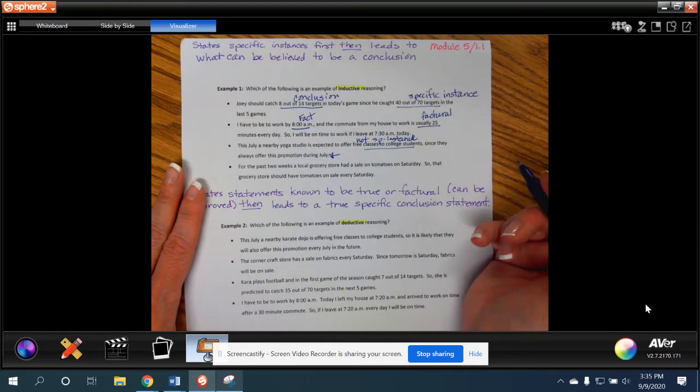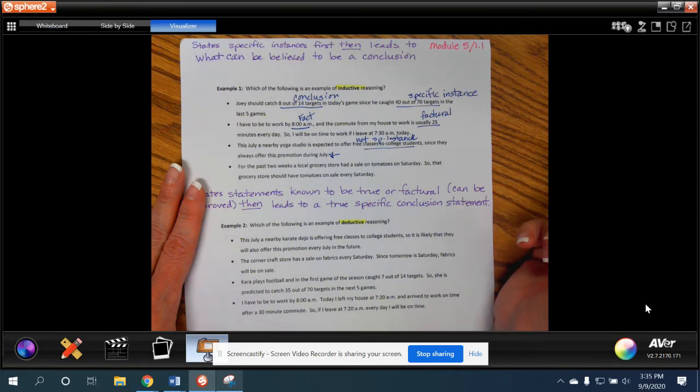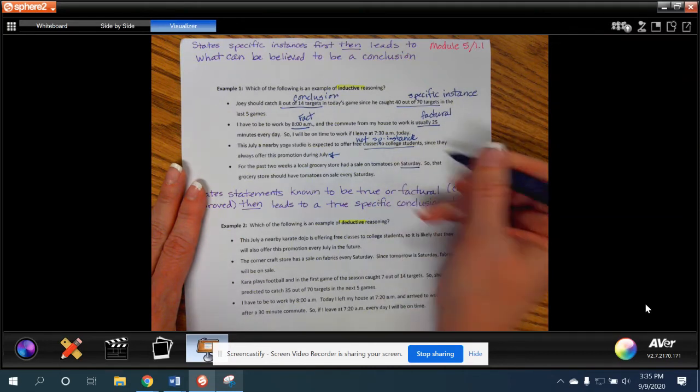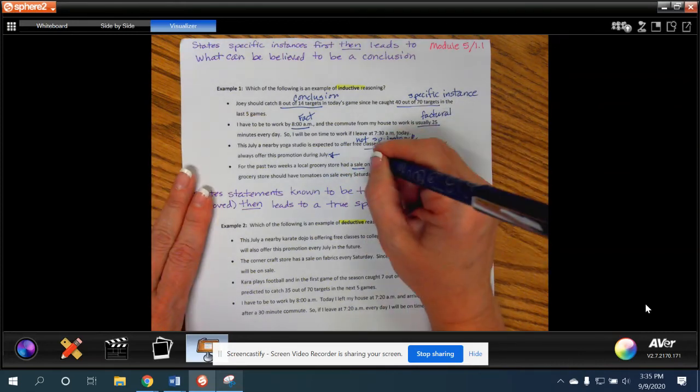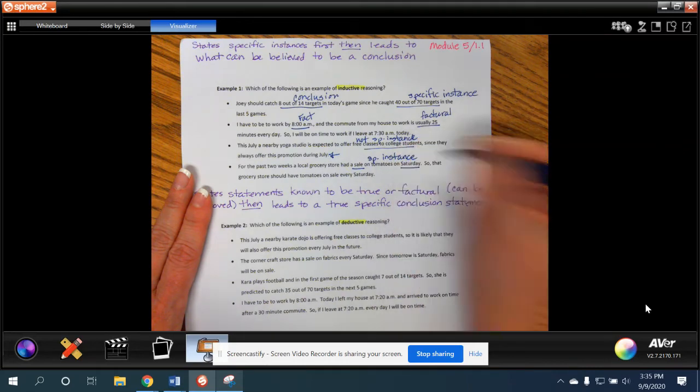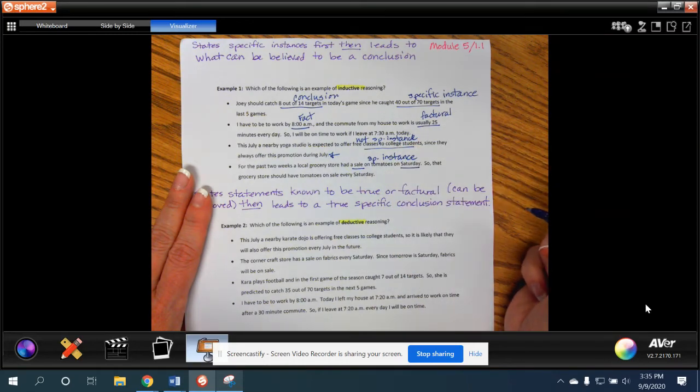So let's get to the last. For the past 2 weeks, a local grocery store had a sale on tomatoes on Saturday. Again, specific Saturday, and it had a sale. It's already happened. Therefore, it's a specific instance. So that grocery store should have tomatoes on sale every Saturday.